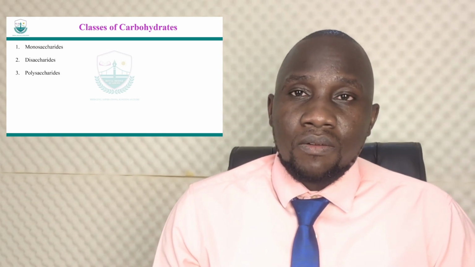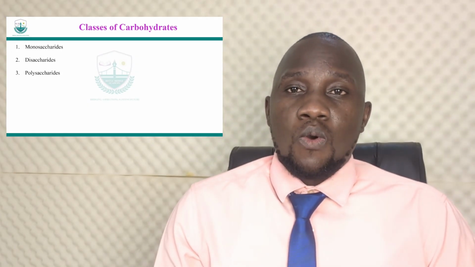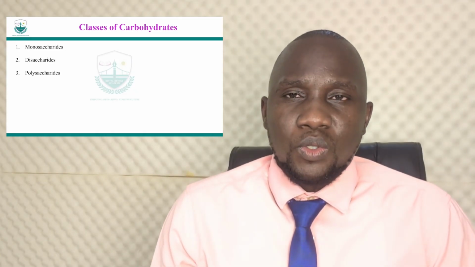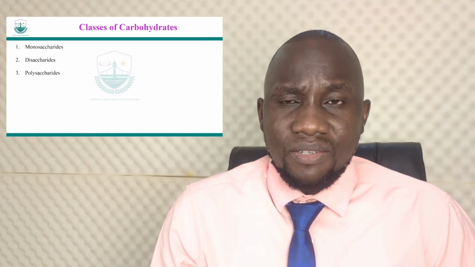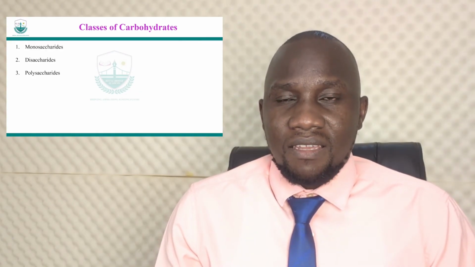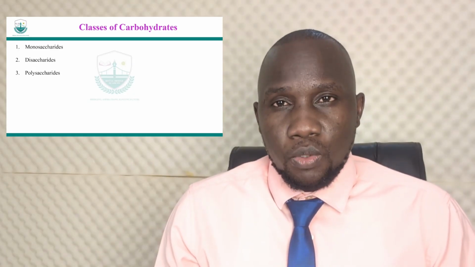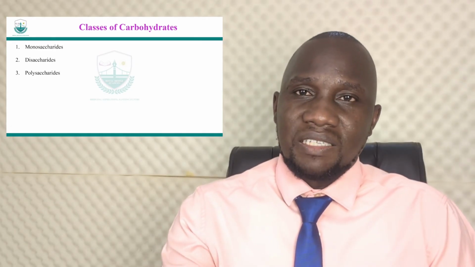That's what we can always use. So the monosaccharides are simple sugars. Disaccharides, you can also say that they are simple sugars, and then polysaccharides are complex sugars, or compound sugars. That means that you really need to break them down to get disaccharides and monosaccharides.